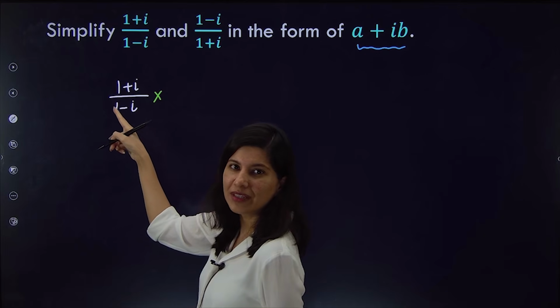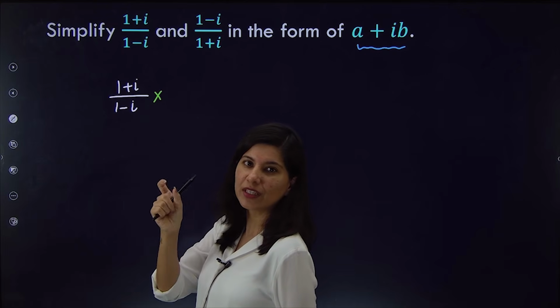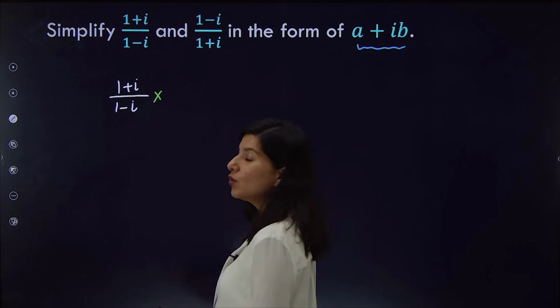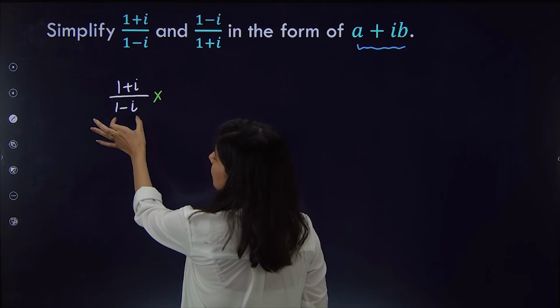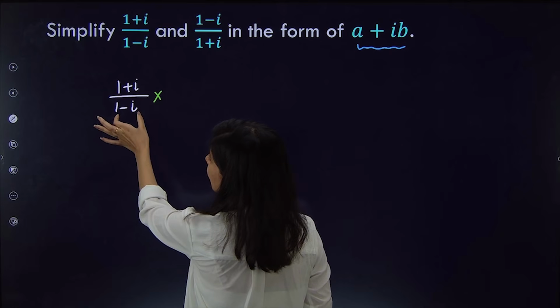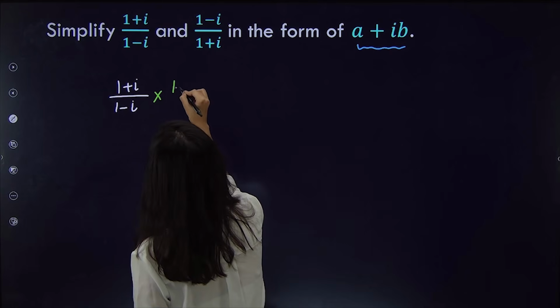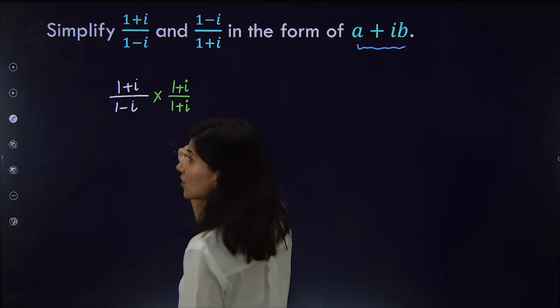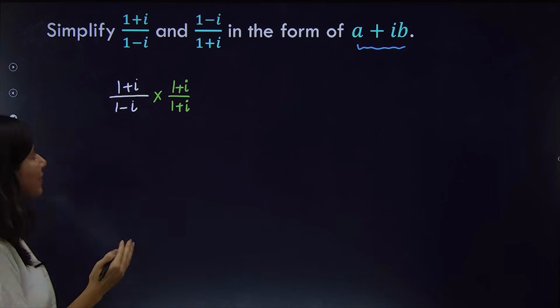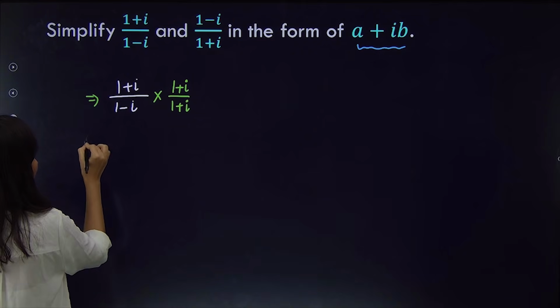What is conjugate? We will understand the conjugate term later, but right now just understand that you just have to multiply and divide by 1 plus iota. That means you are just changing the sign of the imaginary part and multiplying and dividing. Okay. So this is going to become what?